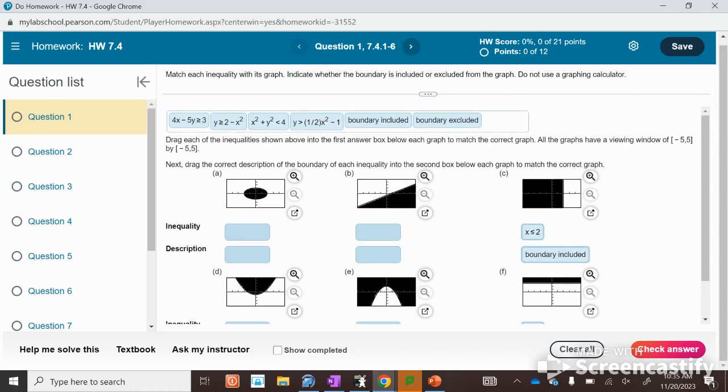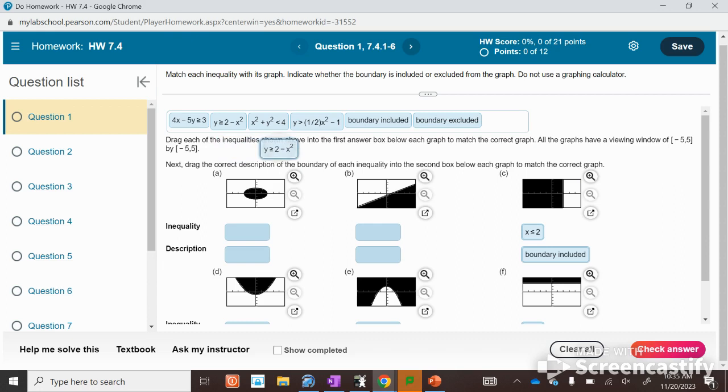Now, we have two parabolas there. So which equations up here are of parabolas? 1, 2, 3, 4 of those equations. Which ones are parabolas? This one's a parabola, right?